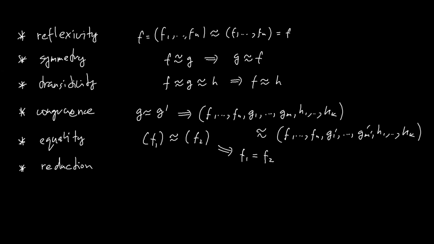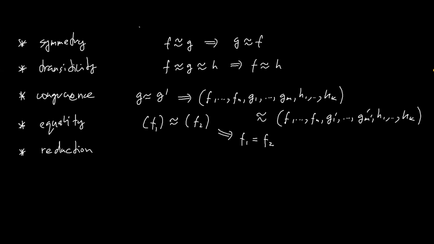And finally, the reduction says that no matter how long a path I have, for every path, and it could even be an empty path, which means that I just have one object and there is nothing happening to it.